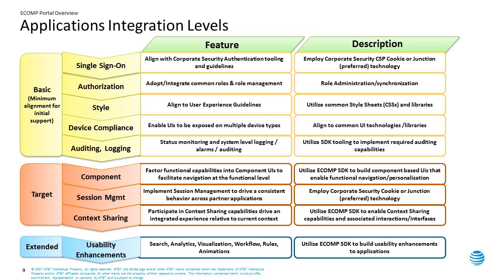So the first level requirement for the target integration is component, which means the application uses ECOMP portal SDK to build component-based UIs which enable functional, navigational, as well as personalizational experience. This essentially facilitates navigation at the functional level for the component UIs.